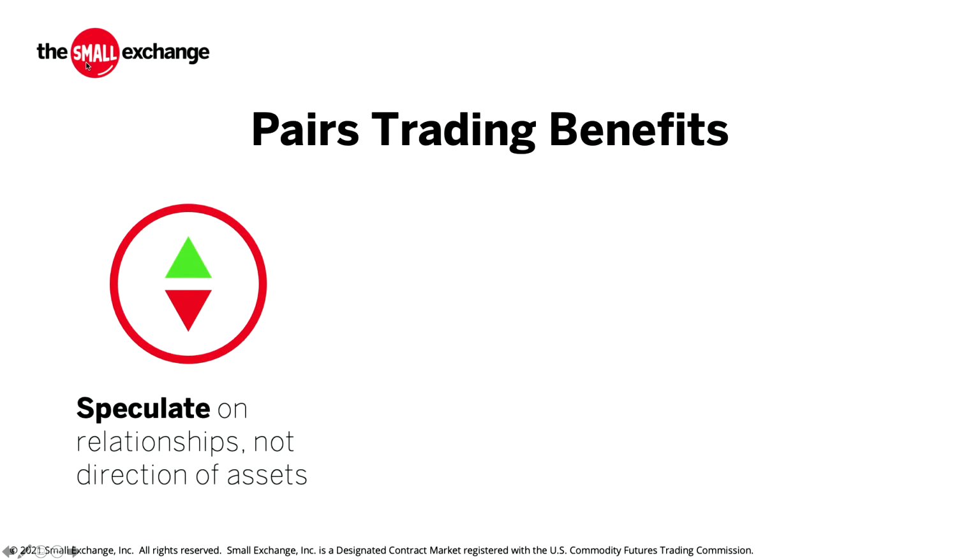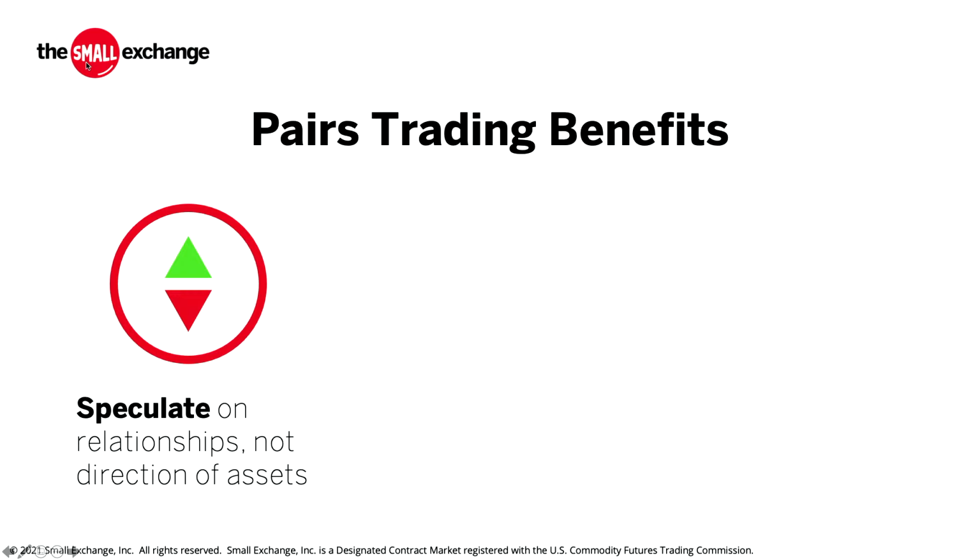Some of the benefits of pairs trading before we launch into idea generation in pairs trading. You can speculate on relationships and not direction of assets, which is really, I think, a great tool to have in your tool belt. It's similar to any of you out there who've traded options.